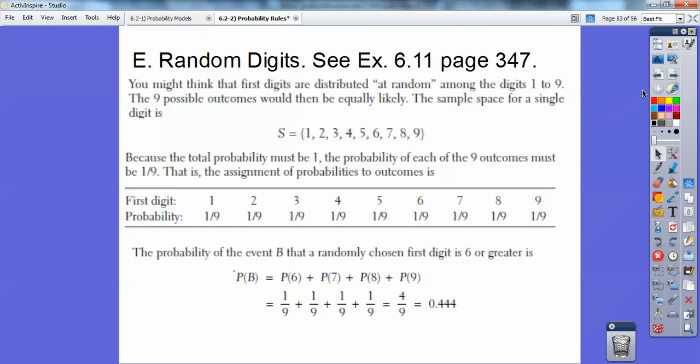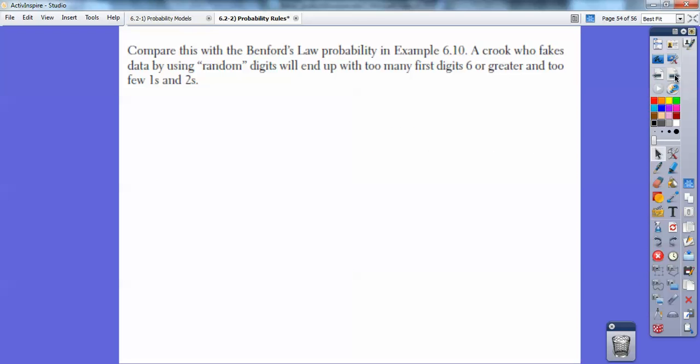And they just want you to compare that 0.444 with what we got in Benford's law. So whatever we got with Benford's law would have been different. So compare this with Benford's law, and a crook who fakes data by using random digits will end up with too many first digits 6 or greater, and too few ones, and they will probably be arrested.